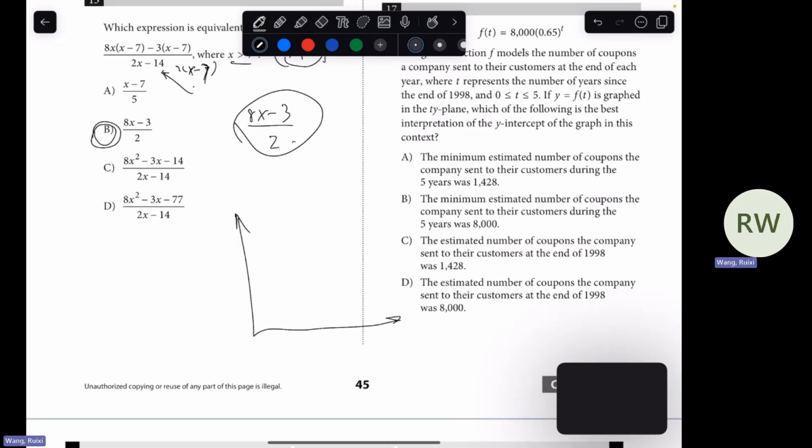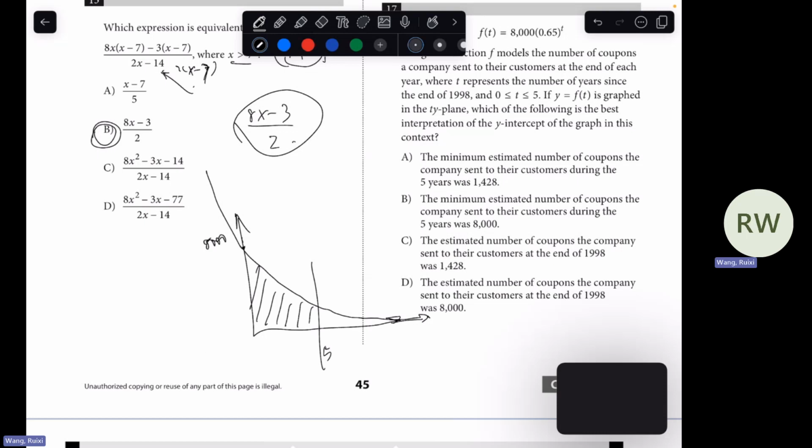We want to have as many things visual as possible. So when t equals 0, you start with 8,000, right? And when t is 1, you... right. So basically, you have something like this. But it does cut off here at 5. And so your effective part is this part.